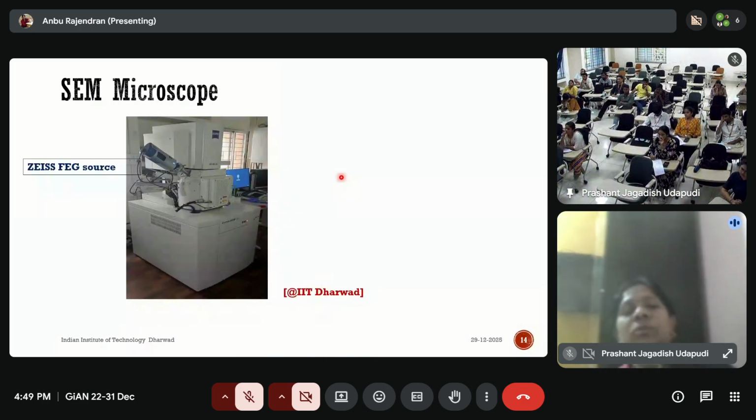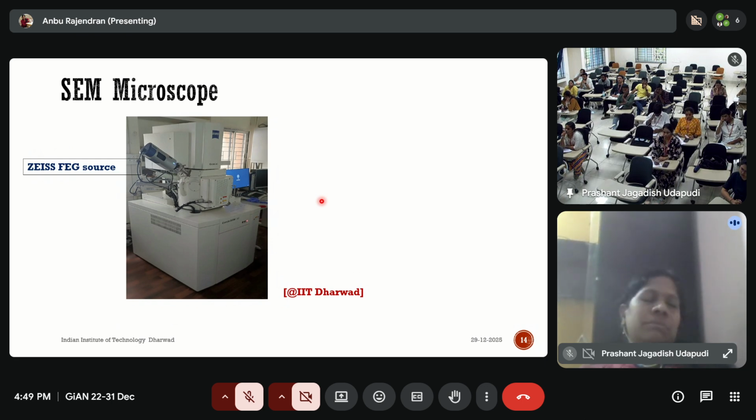Okay, so another tool is SEM. You might have heard of that. The major limitation of the optical microscope is the magnification. You can magnify any sample up to 2000 times. Beyond that, if you want to look into more details, you need a different piece of equipment.